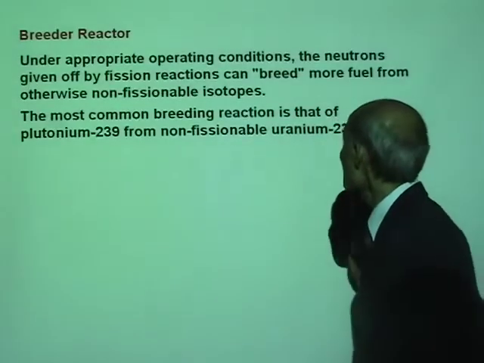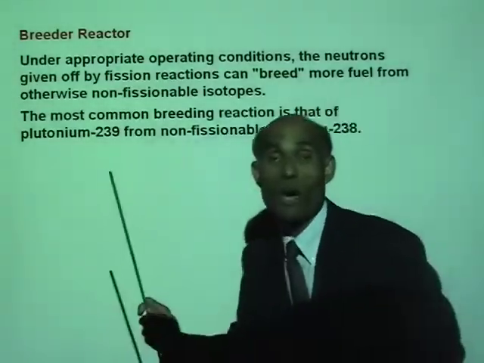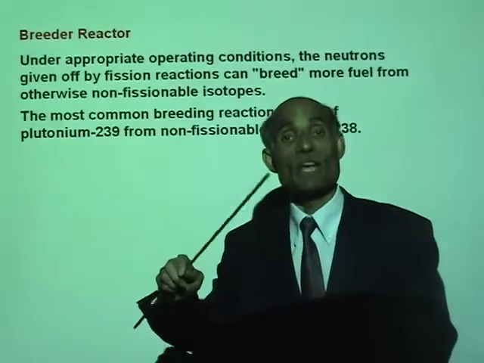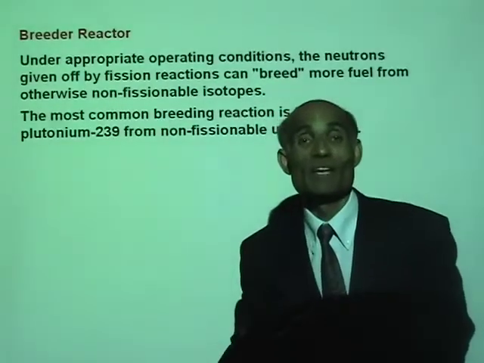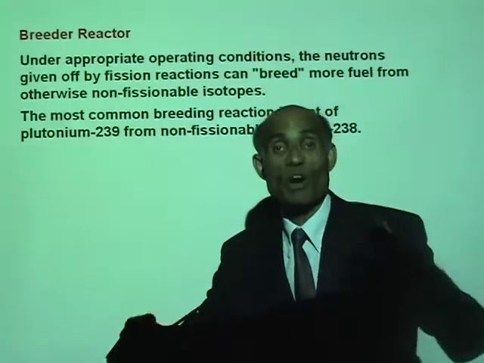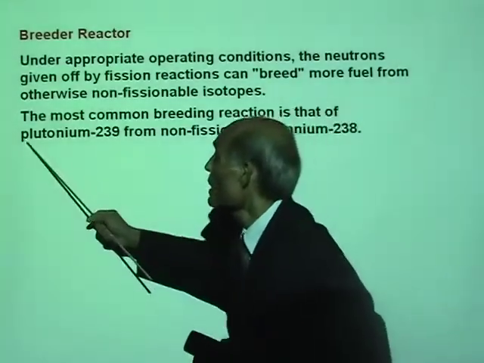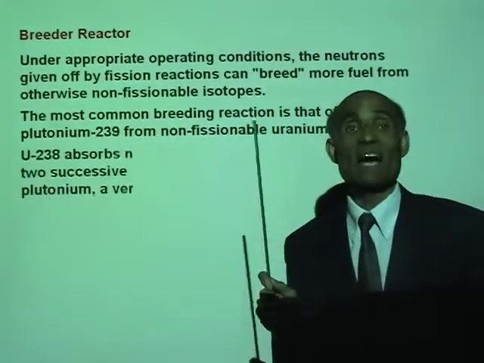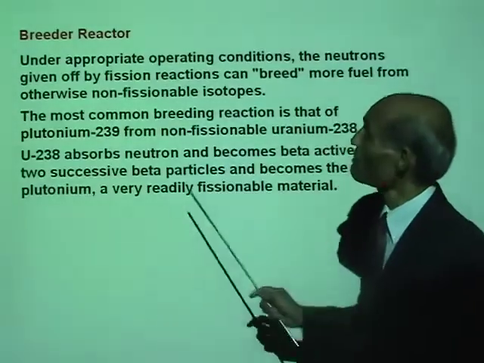When the uranium-238 absorbs a neutron, it becomes radioactive, and as a result of radioactivity, plutonium-239 is produced.